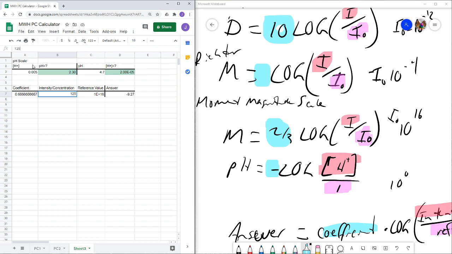So let's just add some zeros. So times 10 to the, how about 30th? Oh, oops. I need an equal sign. So it got mad at me because I did not have an equals. So here's equals. Enter. So notice if we have 125 times 10 to the 30th, that's going to give us an earthquake of magnitude 10.73.